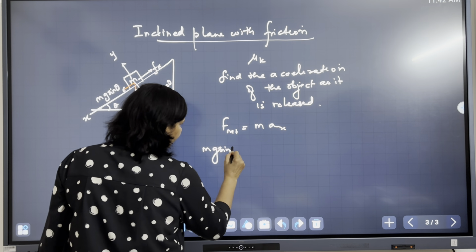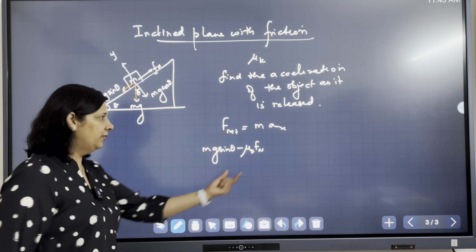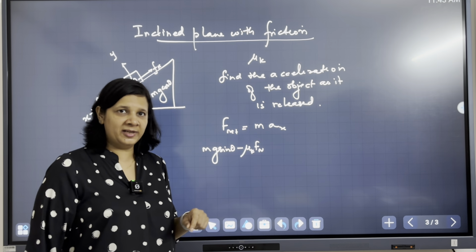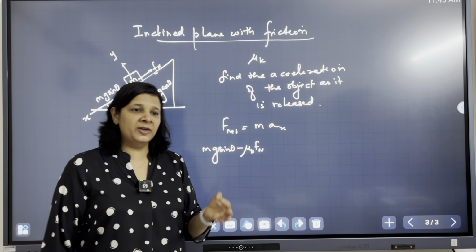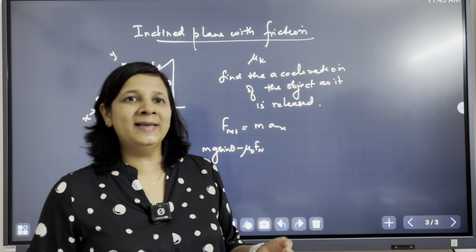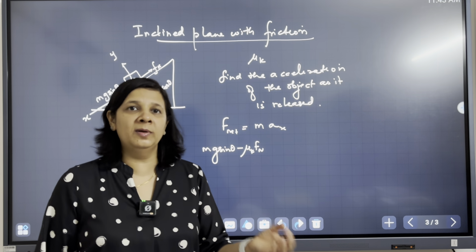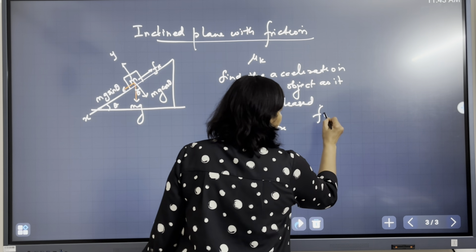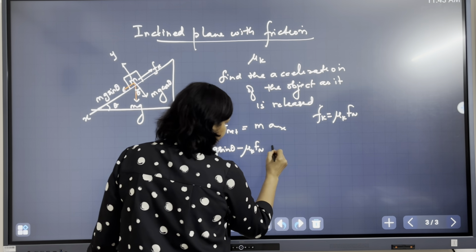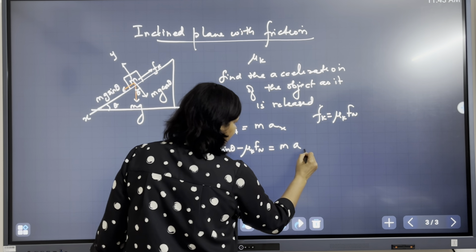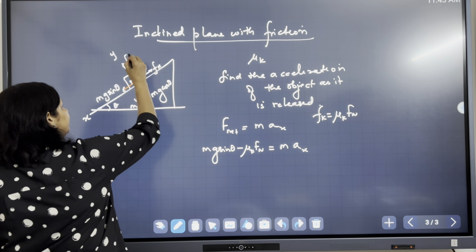Mg sin theta minus mu k times the normal force. We have learned in the friction lecture that the friction which is there when the object is moving is called kinetic friction, and the value of kinetic friction is Fk equal to mu k into the normal force, right? This equals mass into acceleration in x direction. And normal force is how much?